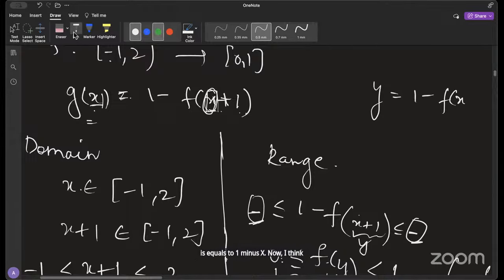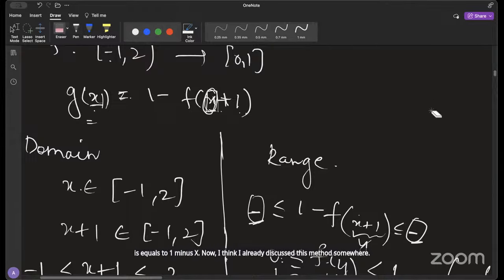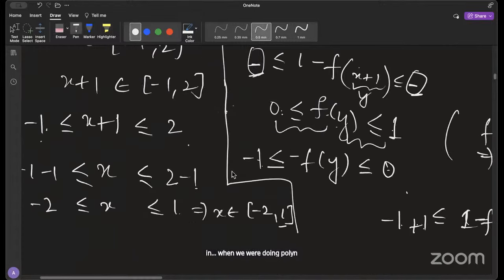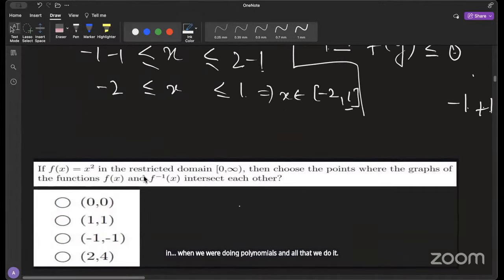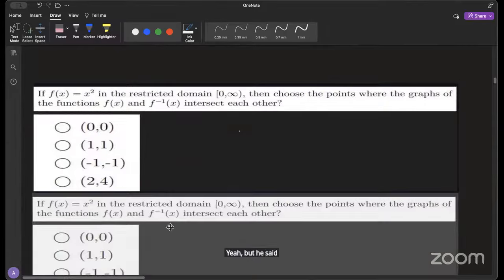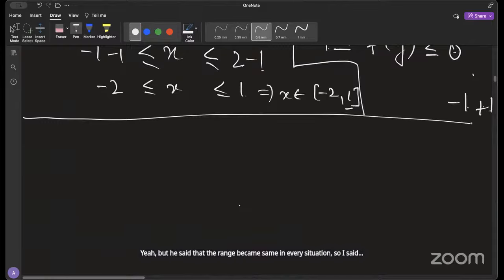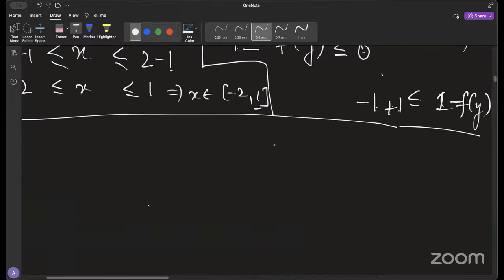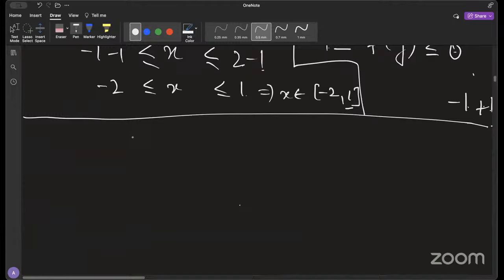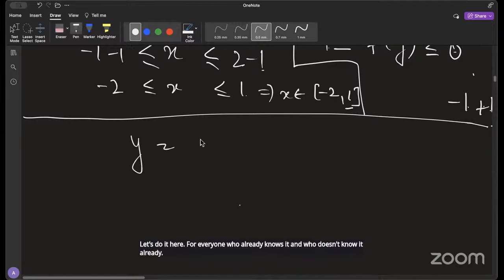I think I've already discussed this method when we were doing polynomials, but he said that the range became the same in every situation. The range won't be. Let's do it here for everyone who already knows it and who doesn't know it already. We can do it still.